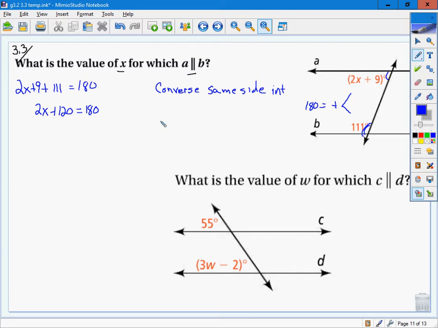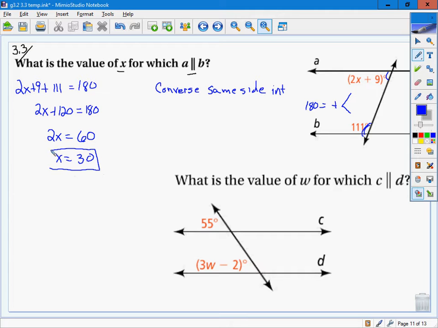Not addition, because addition says that you add things to both sides. What would my next step be? Subtraction. That would be my justification. 2x would be equal to 60. And what would my next step be? Divide, and x would be equal to 30.